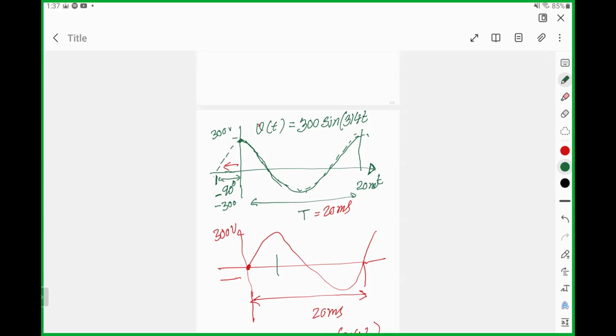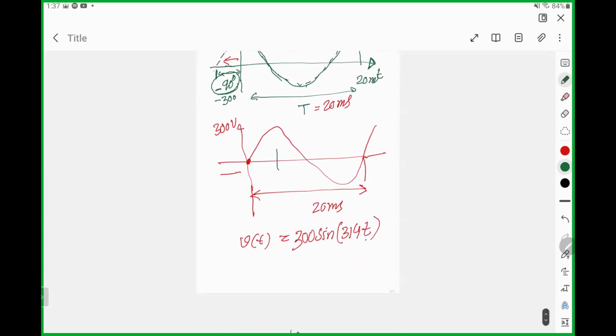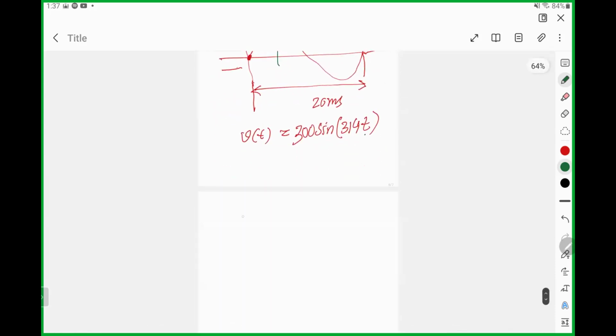Where is it getting 0? We have to find out where it is getting 0. At t equal to minus, that means, I have given this, which might be confusing you. This is 90 degree and this is t. And we have to remember that omega t is equal to theta. So let us just write down the same equation in terms of theta.